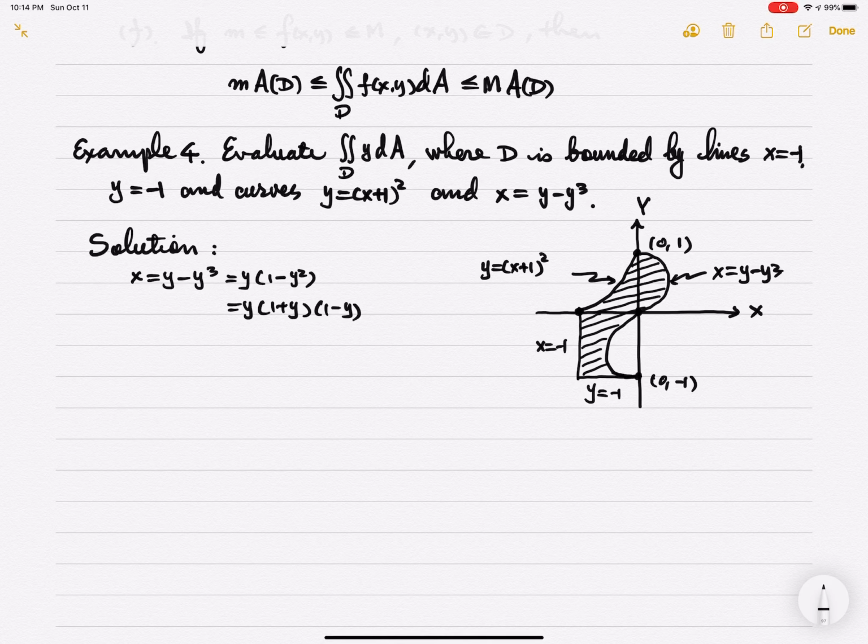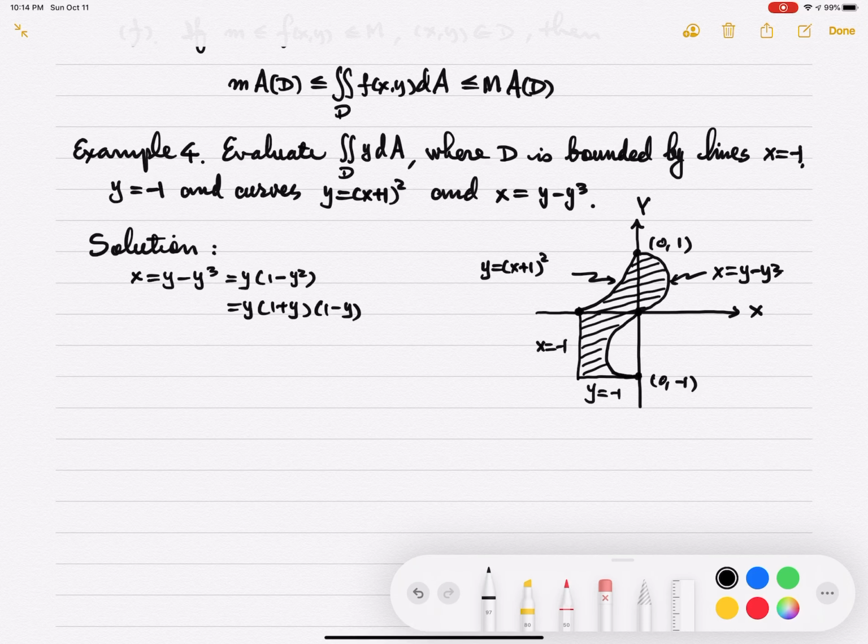Okay, that's the region. Now, how do we integrate this? When you look at this, maybe we need to think about it as two parts. One part above the x-axis, another part below the x-axis.